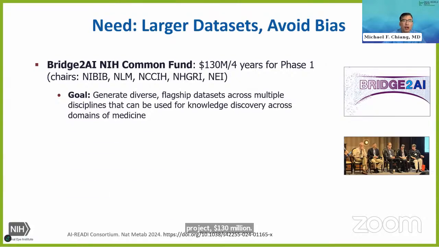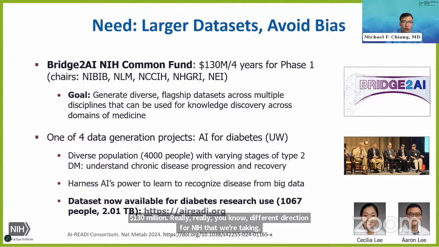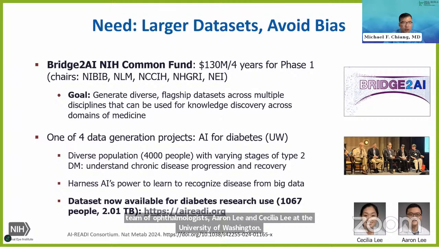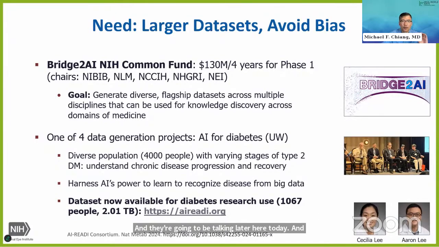So a few years ago, there were 4 projects that were funded using this $130 million. And I was really excited that one of them was led by a team of ophthalmologists, Aaron Lee and Cecilia Lee at the University of Washington. And they're going to be talking later here today. And so I'm just going to leave it to say that, we're really interested in building larger data sets to avoid bias. And this is an exciting project you'll hear more about.